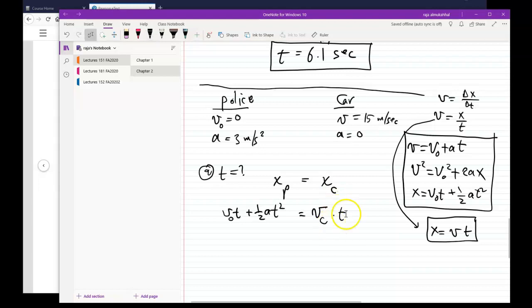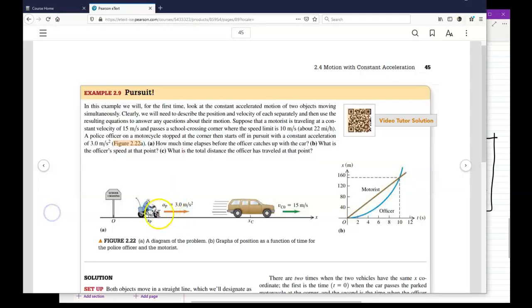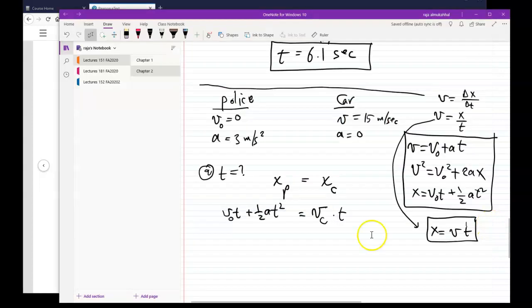And those two distances should be equal to each other. Because, like I said, the clock starts ticking once the policeman started moving, and that clock is ticking for both of them. So by the time the policeman catches up with the car, both must have traveled the same distance, and they will agree on the same time, how long it took. So the times here are the same.